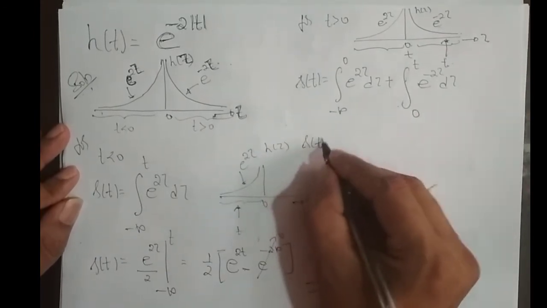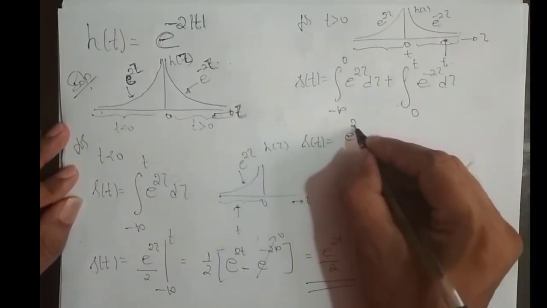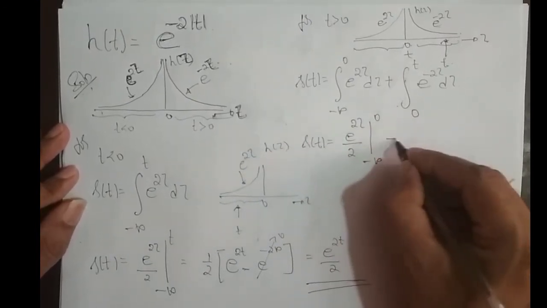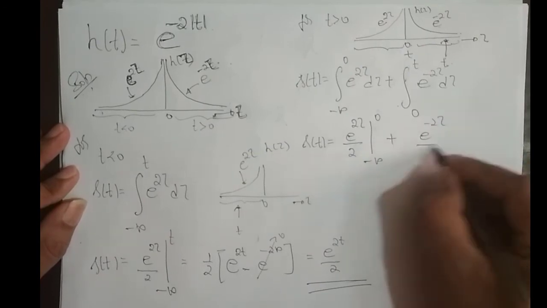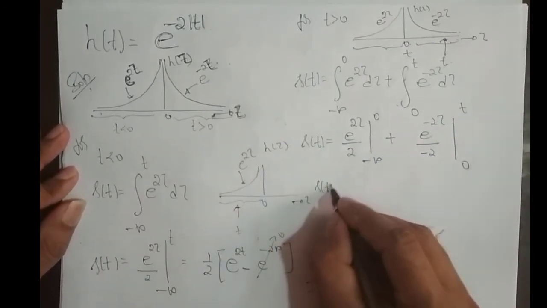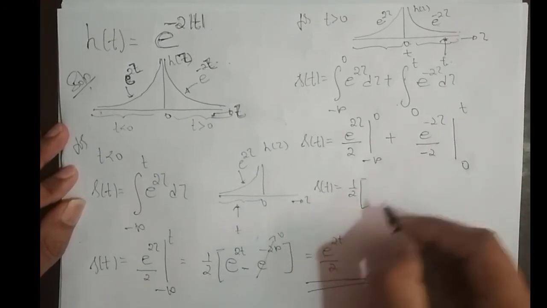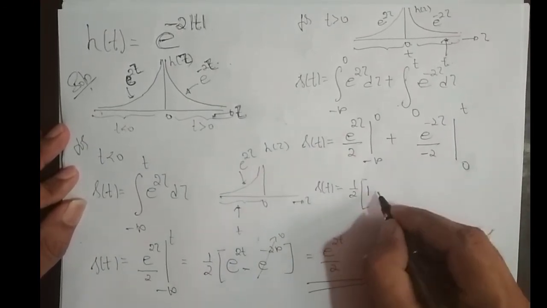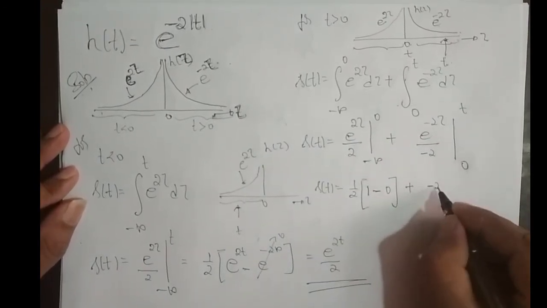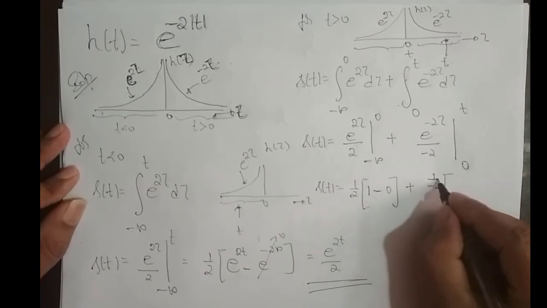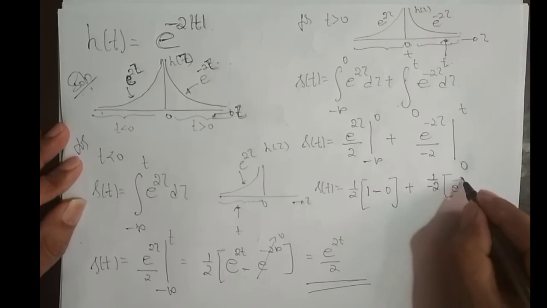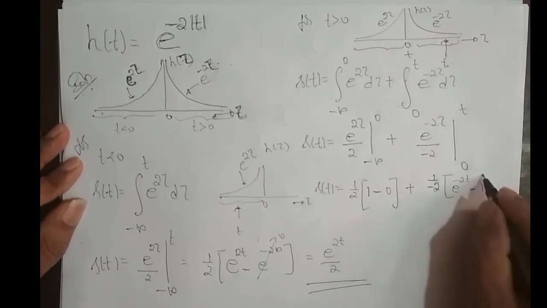So s of t is equal to e power 2 tau divided by 2 with the integration limit, plus e power minus 2 tau divided by minus 2 with the integration limit 0 to t. So s of t is equal to 1 by 2, I will take it out, e power 0 is 1 minus e power minus infinity is 0, plus I will take minus 1 by 2 out, e power minus 2t upper limit minus e power 0 is 1.